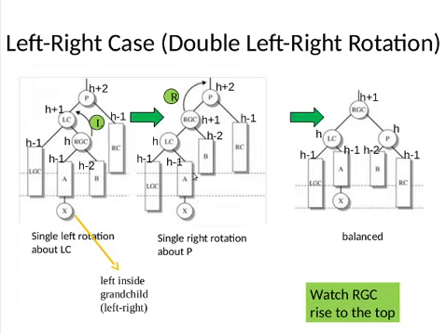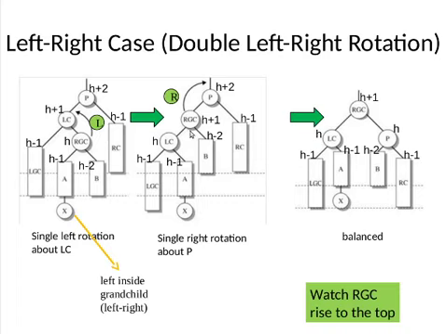The new children of LC are LGC and A. The height of both of them is h-1. Hence, the height of LC is h and its balance factor is 0. As this is the intermediate stage of the two-step process, the value of balance factor is immaterial.